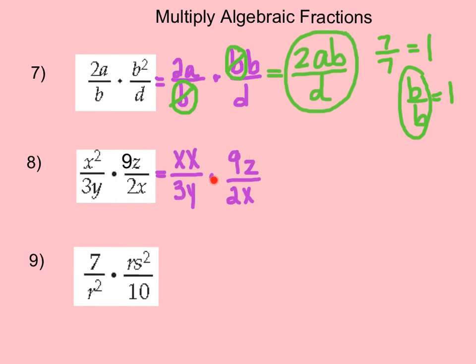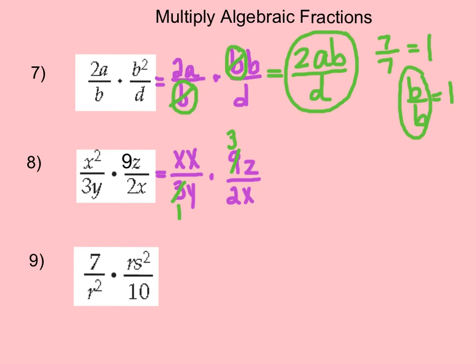If I look diagonally, I notice that I have a 3 and a 9. So from those last problems we did on the other screen, remember we can reduce the 3 and the 9? If we divide them both by 3, it changes the problem a little bit. We end up with a 1 in the denominator, 3 in the numerator.